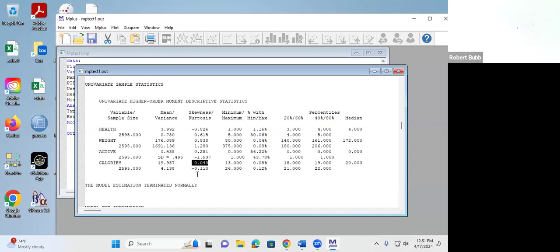It has a negative value, but is that enough for us to say it's non-normal? No. It's still the same cutoff, plus or minus 0.37 or 0.35. So this looks normal still. We do need to go back and talk about active again; I kind of messed that one up. For calories, the square root of 0.138 gives us 2.034. That's going to be our standard deviation.